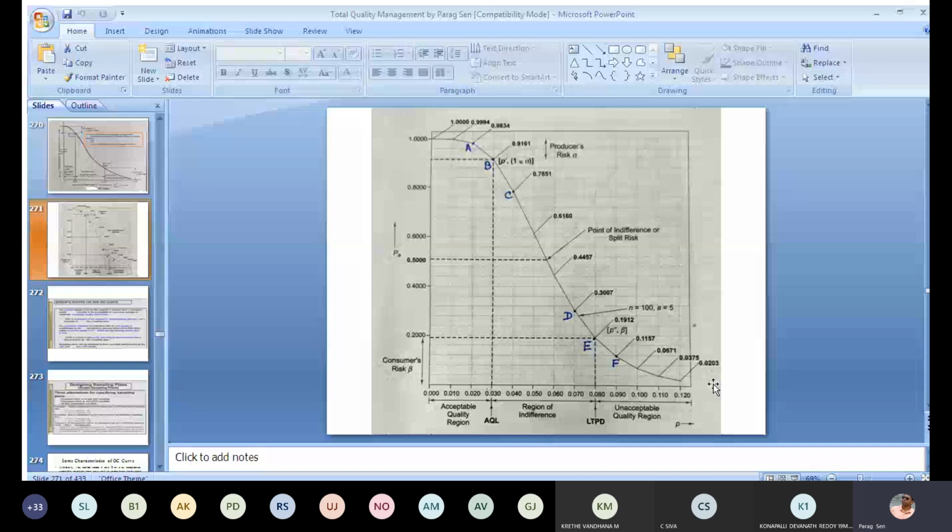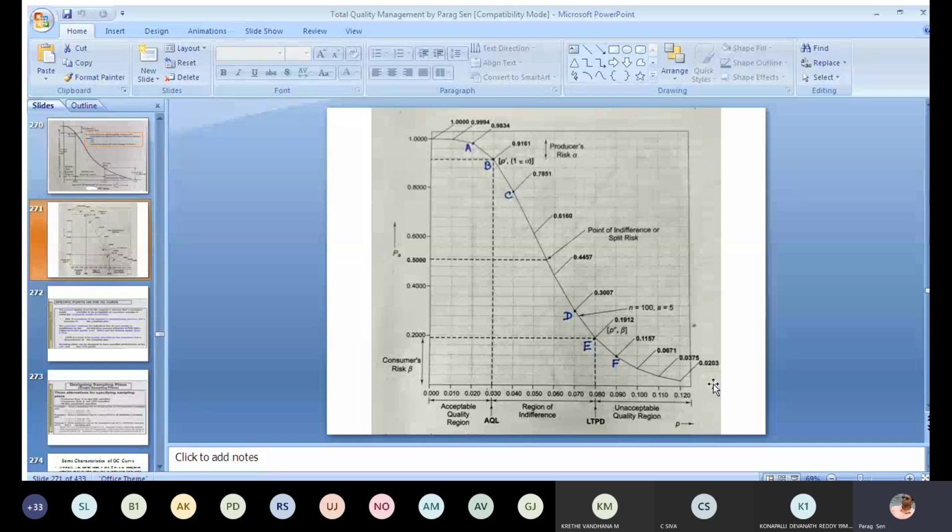We need to choose small n and the value of A or C. Small n means sample size, and A means acceptance number or C means cutoff number, both are the same. So we need to find the value of sample size and acceptance number, and we are using the Poisson distribution for that.